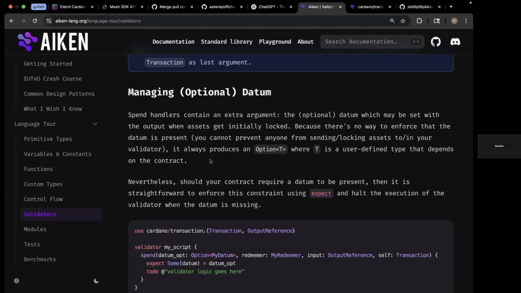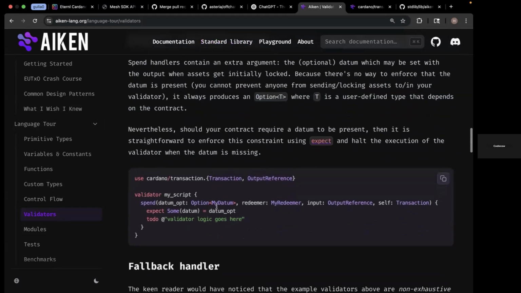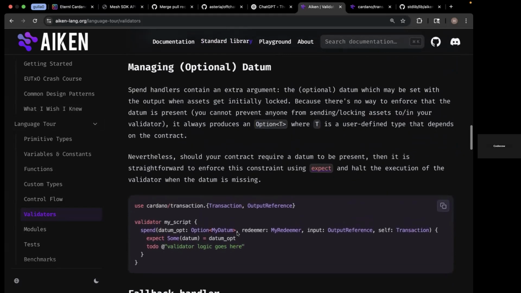It always produces an option. So they're basically directly saying, hey, it always produces an option, which is like datum. And why? Because you can't prevent anybody from sending. You can't say a datum has to be there, because the only way a datum gets there is from the transaction.